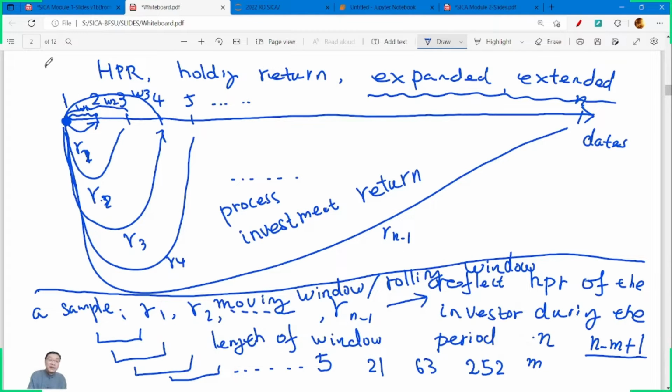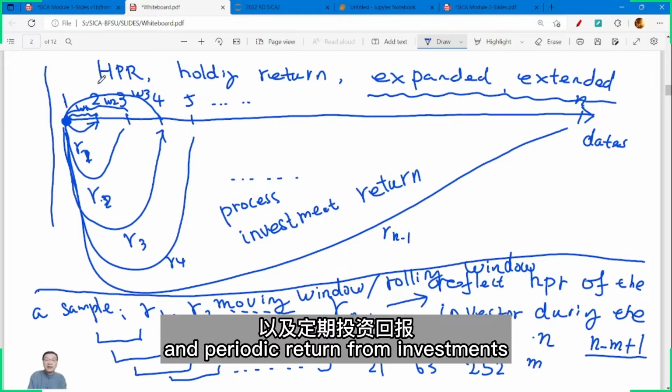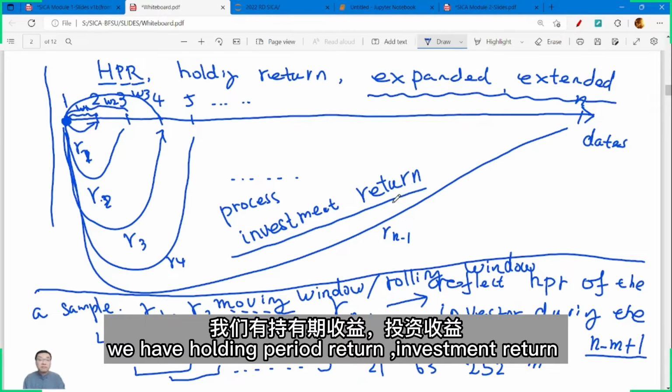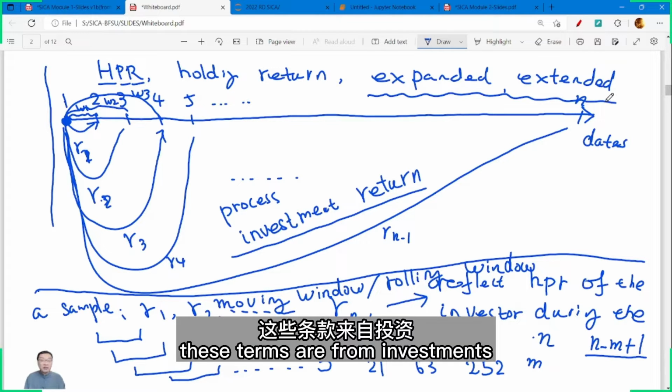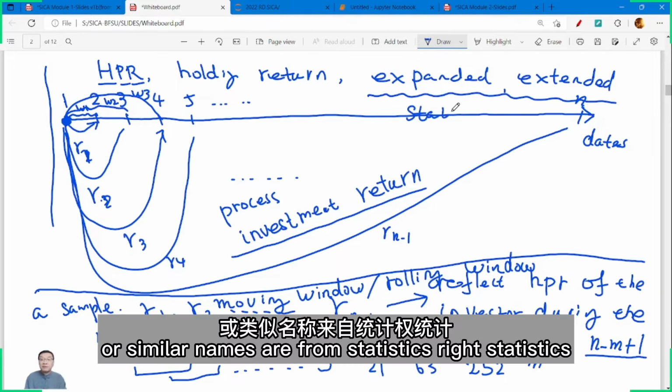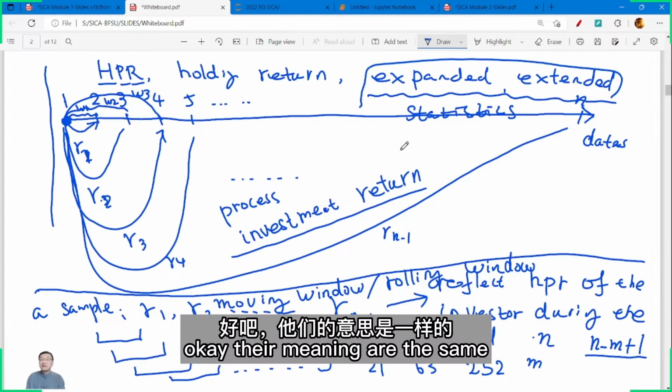Similarly, for this case, we have periodic holding period return and investment return; these terms are from investment. And expanded window, extended window, or similar names are from statistics, right? Their meanings are the same, but of course, they have broader areas of application.